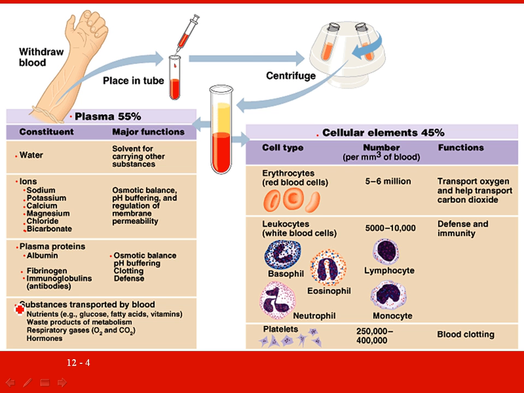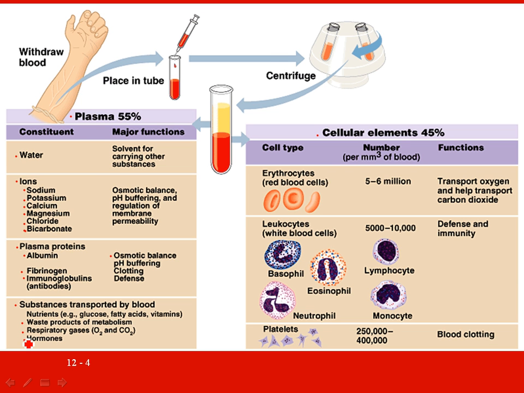Other things that we find in the blood: nutrients, right, that are absorbed from the digestive system, waste products from metabolism, respiratory gases, oxygen and carbon dioxide. Now technically oxygen is mainly carried by the red blood cells, but there is a small percentage that is actually diffused straight into the plasma, as well as a small percentage of carbon dioxide that is found in the plasma in that form as well.